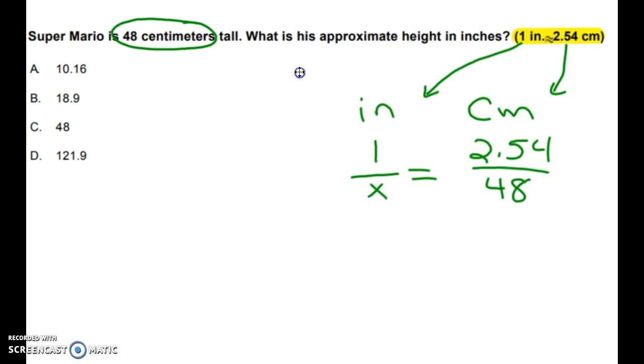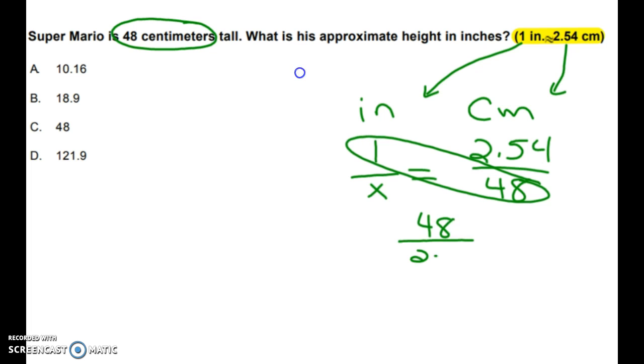Not sure how many inches, so X. So I'm going to cross multiply, and that's going to give me 48. I'm going to divide by 2.54, and then that will give me 18.897 inches. That's going to round up to B.